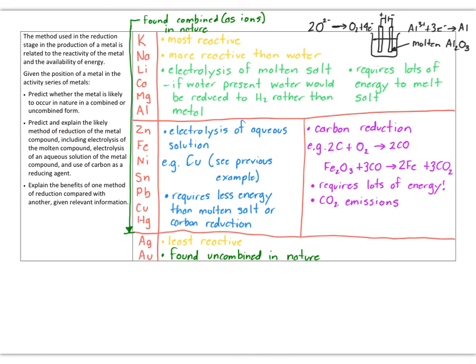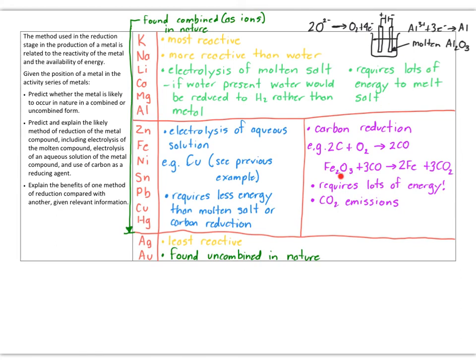Predict and explain the likely method of reduction of the metal compound, including electrolysis of molten compound. That's the one for our most reactive. Electrolysis of an aqueous solution of the metal compound, and the use of carbon as a reducing agent for these two here. Explain the benefits of one method of reduction compared with another given relevant information.